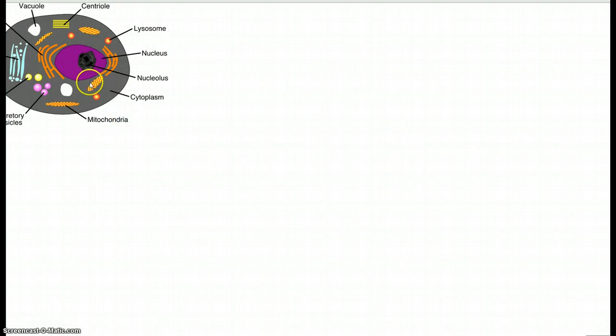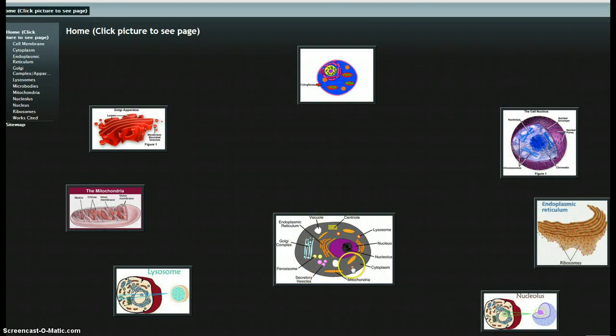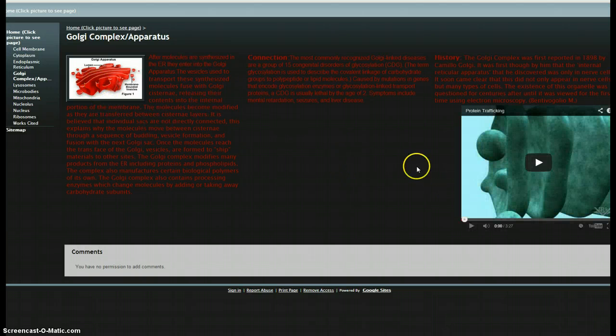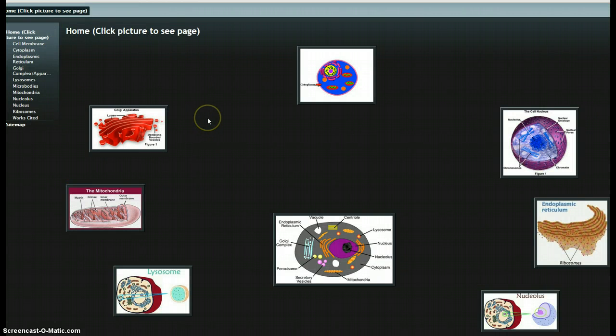Here's the general cell, and it gives you a diagram of where different things are: centrioles, vacuoles, endoplasmic reticulum, secretory vesicles, mitochondria, the powerhouses of the cells, and you can read all about those. All you have to do to read about the different things is click on those, and in some cases there will be some embedded videos from YouTube that you can watch about those different organelles. So I wanted to share that with you.